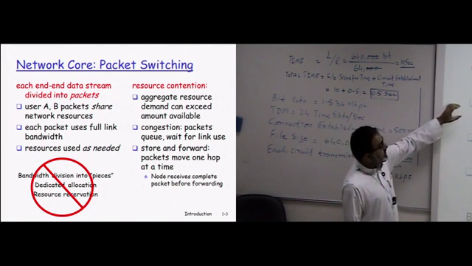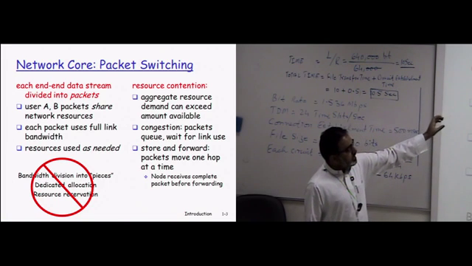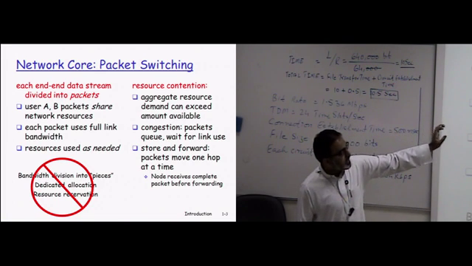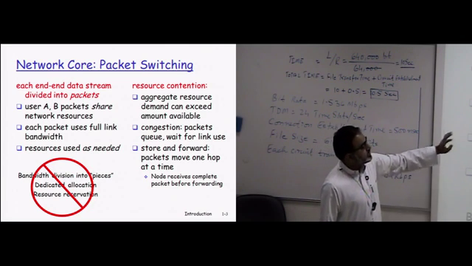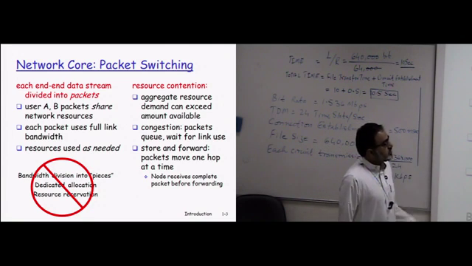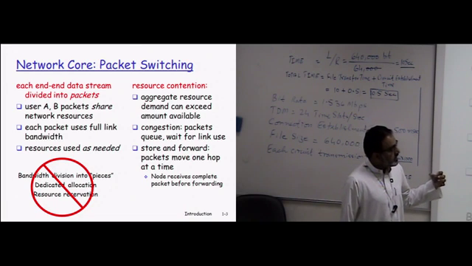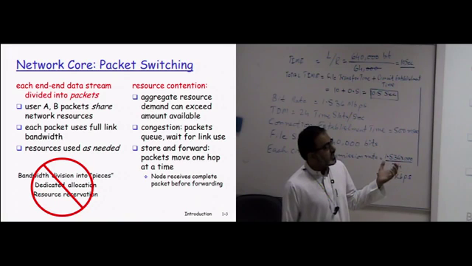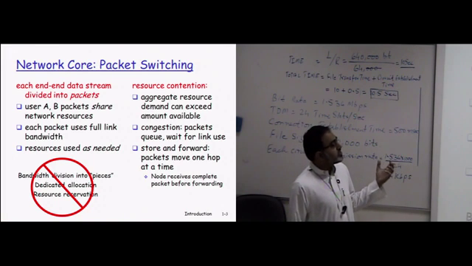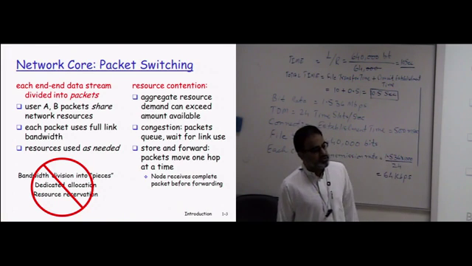Okay. User A, B, packet share network resources. So the users are A and B, and they are going to use packets, and they are going to share the network resources.